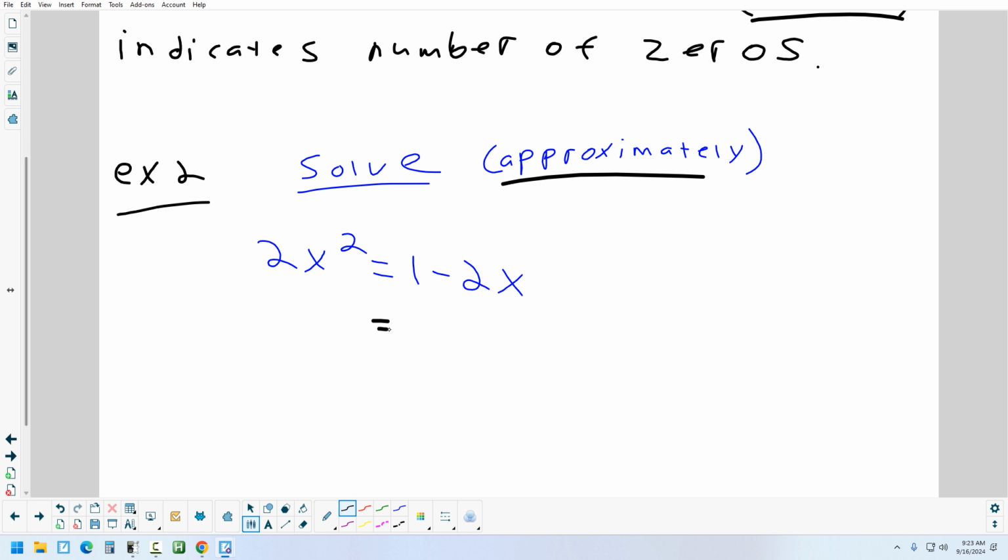Okay, since we're finding zeros, what's the first thing we have to do with this equation if we want to type it in on the calculator and do the calculate zeros? Yep. Move that 2x squared to the other side. If I was going to factor it, I would move everything over with the 2x squared just because I always like this positive when I'm trying to factor. But if I'm going to graph it, it doesn't really matter what side you put everything on. Just get everything on one side.